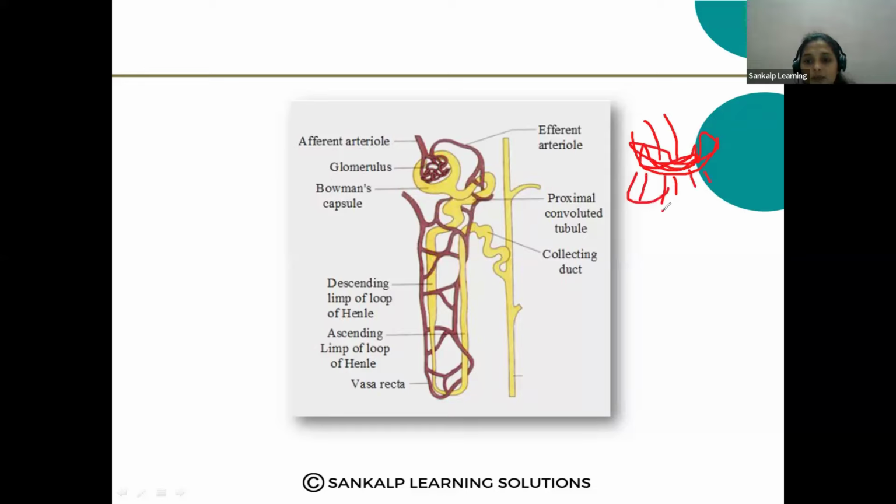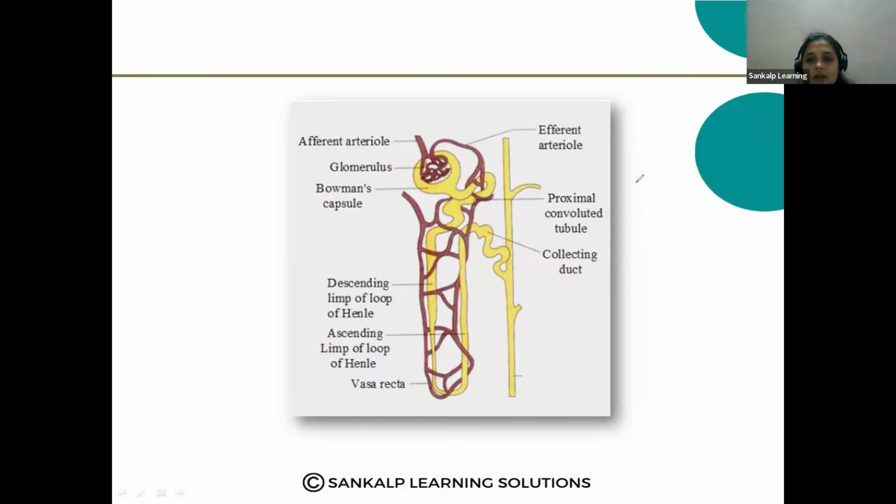Filtration process, you know that. Filtration of the blood takes place in the Bowman's capsule. Some residues which are essential for our body are again carried by the blood vessel. The essential nutrients needed for our body are carried by the blood vessels.